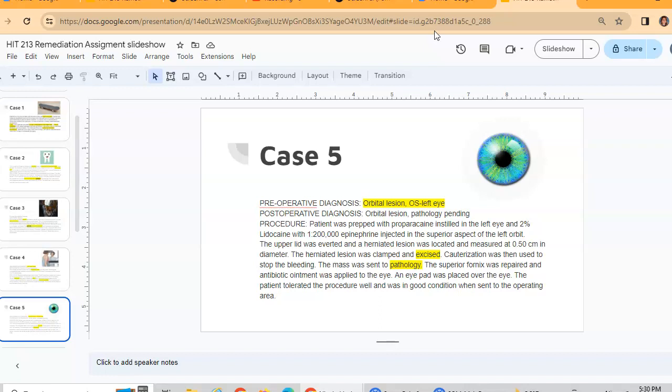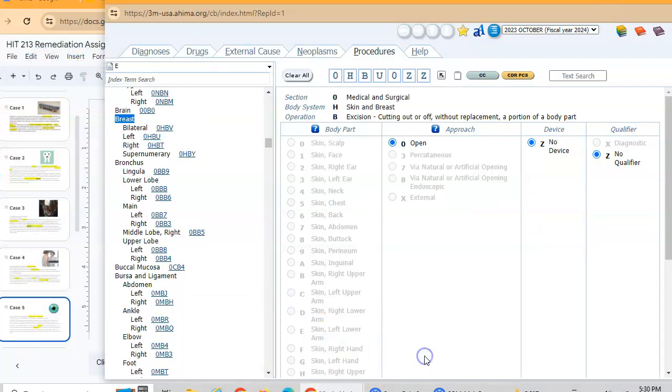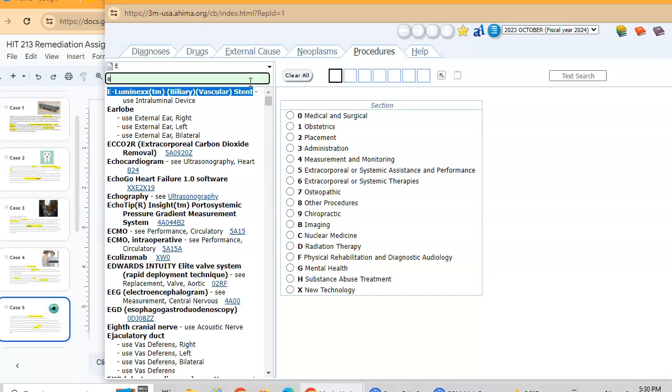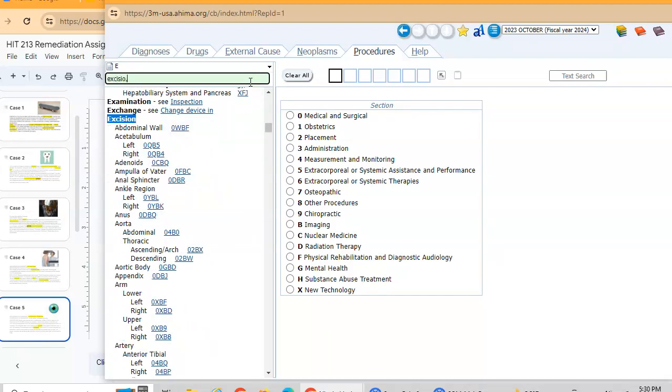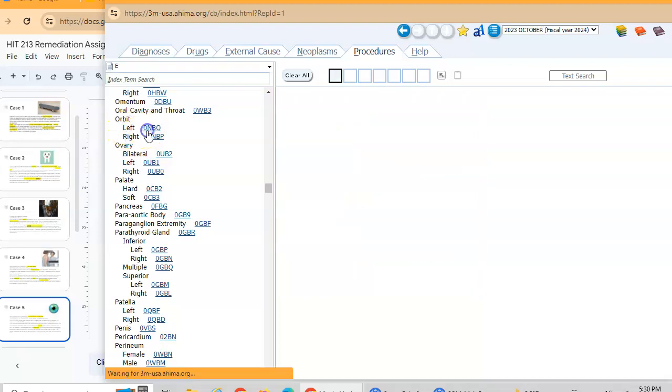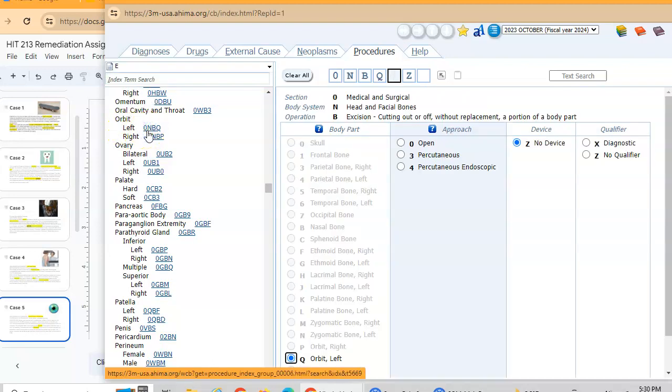The mass was sent to pathology. So encoding this one, I would choose the excision because it says that it was excised, and we know it was of the orbit, and we know it was of the left eye, so we'll select that.